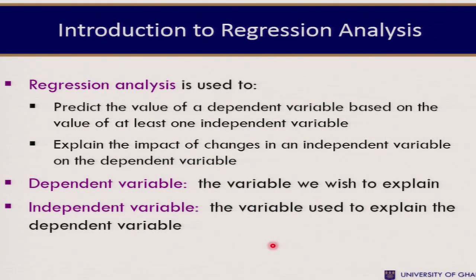The correlation, as already said, just allows you to measure the level of association, how the two variables are related to each other. But it doesn't help us to predict or explain the impact of changes. Therefore, we move on to regression analysis.